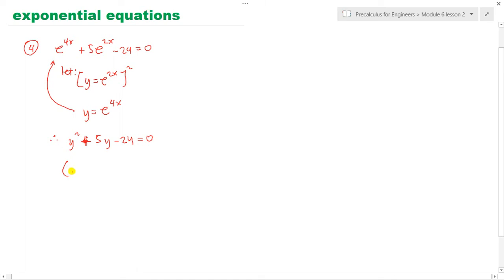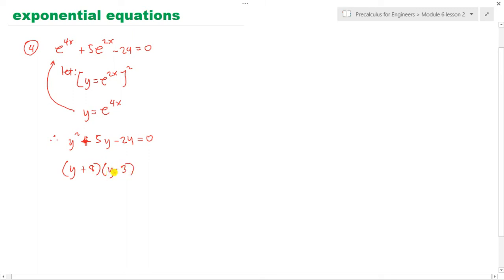Solving for its roots, that would be y, and then here positive 5, so we can use 8 times 3, so that is y plus 8 then y minus 3, diba?